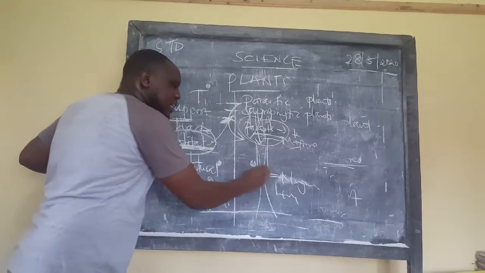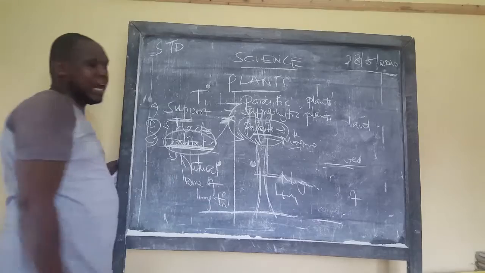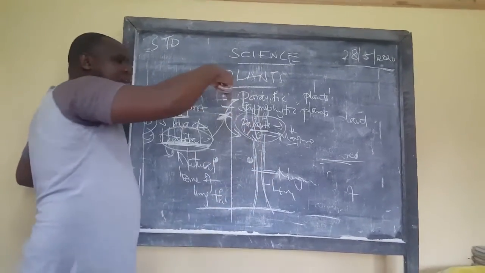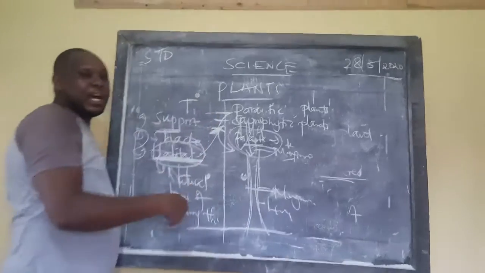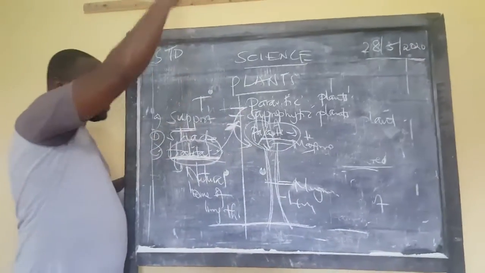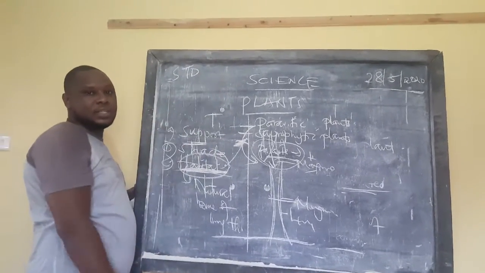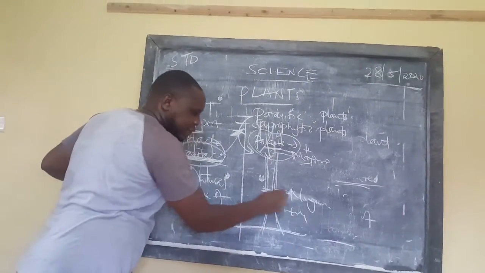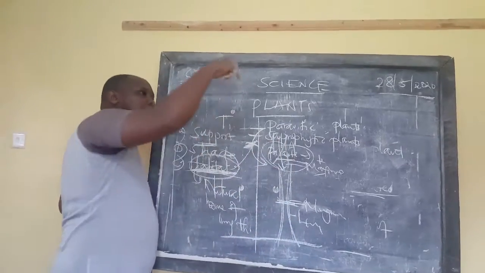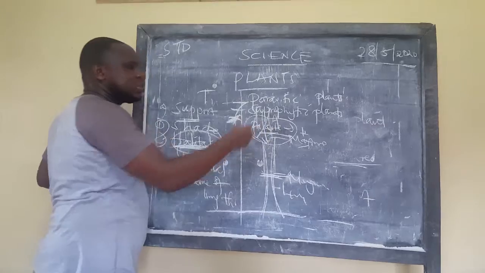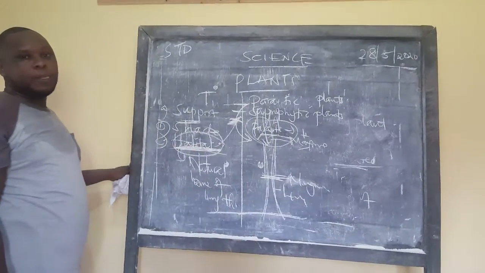So the plant that comes from the ground initially is living. Then another plant grows on that particular plant on top, and you find that this is one plant, yes, but when you look at them, they are two different plants. There's one that is coming from the ground, and another one that grew on top of it. The one that grew on top is known as a parasitic plant. It's a parasite.